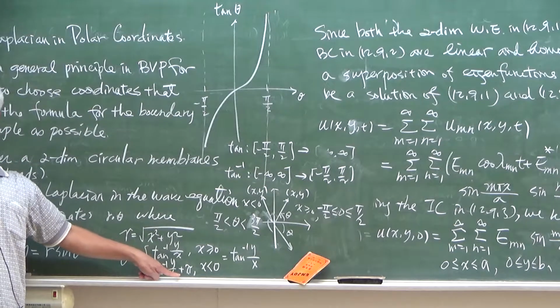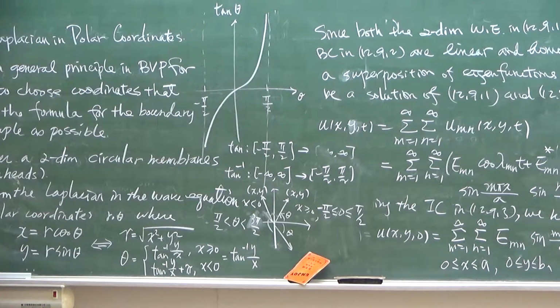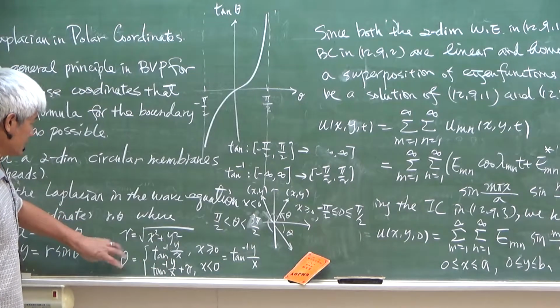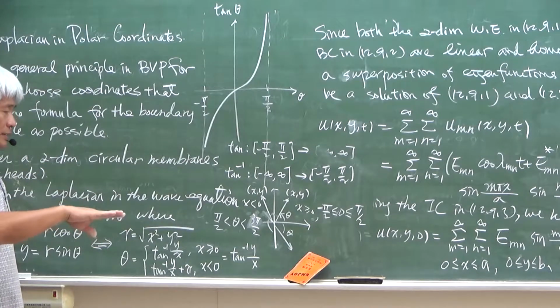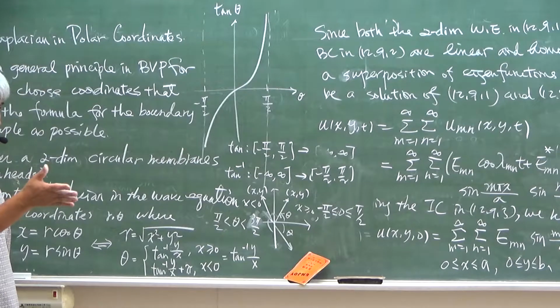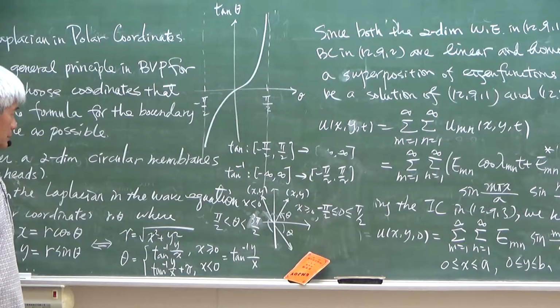We put pi here because of the ratio. You can think of theta as ranging from minus pi over 2 to 3 pi over 2.